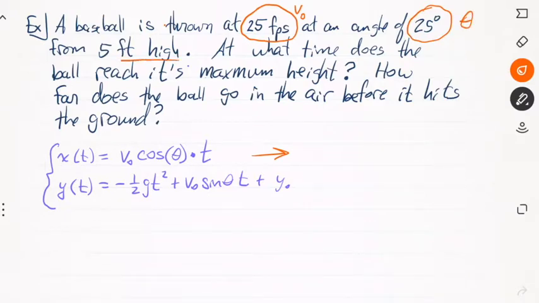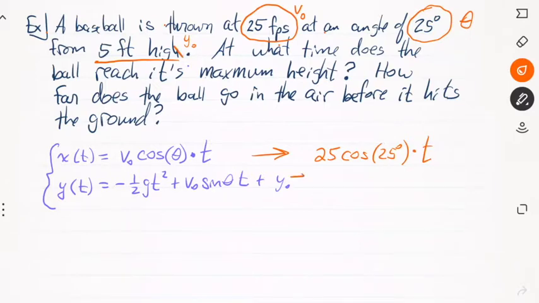And then this 5 feet high over here, that's y sub 0. All right, so we just need to plug these into our formulas and see what gets generated. So v sub 0 is 25. It's going to be cosine of 25 degrees. Shouldn't use 25 twice, but that's okay, times t.